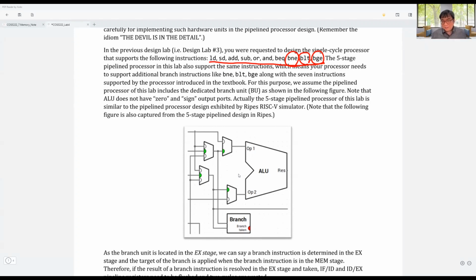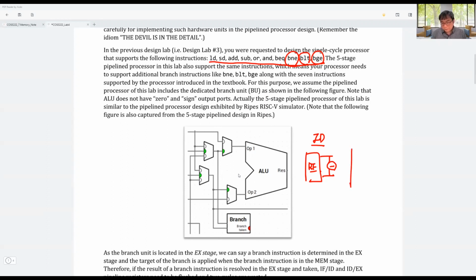In the 5-stage pipeline processor of the textbook, in order to reduce the control hazard, the comparator is moved to the ID stage, and this comparator just compares the equality of the 2 outputs from the register file. Then one student found some design errors.